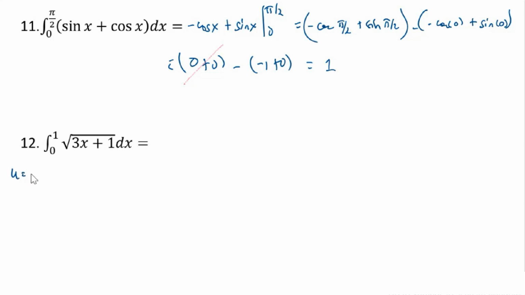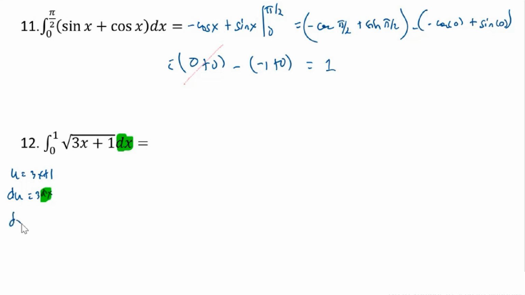If u is equal to 3x plus 1, then the derivative of u is du, and the derivative of 3x plus 1 is 3 dx. So we have du is equal to 3 dx, then we have to define dx by dividing both sides by 3.